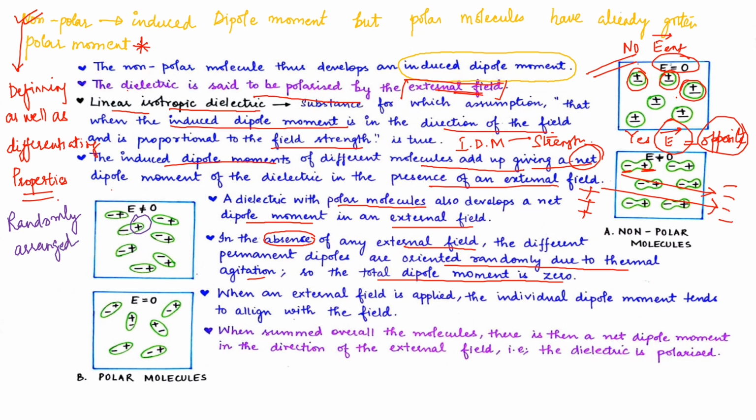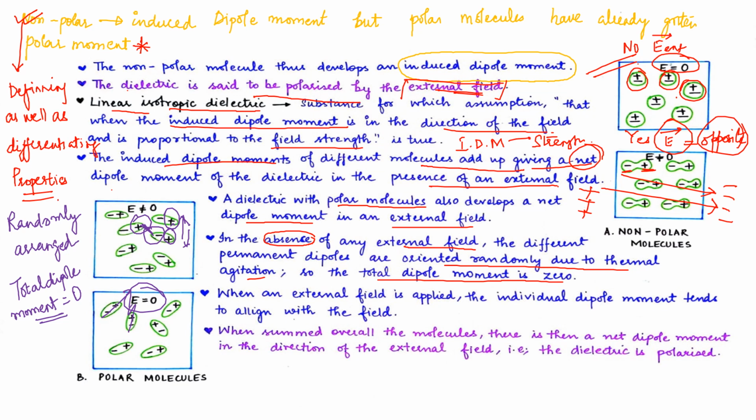Because this positive and this negative will start attracting, but this positive and this positive will start repelling each other. So they have these thermal agitations. To avoid this thermal agitation and internal attraction and repulsion, they are randomly organized. This random organization gives us the total dipole moment equal to 0.